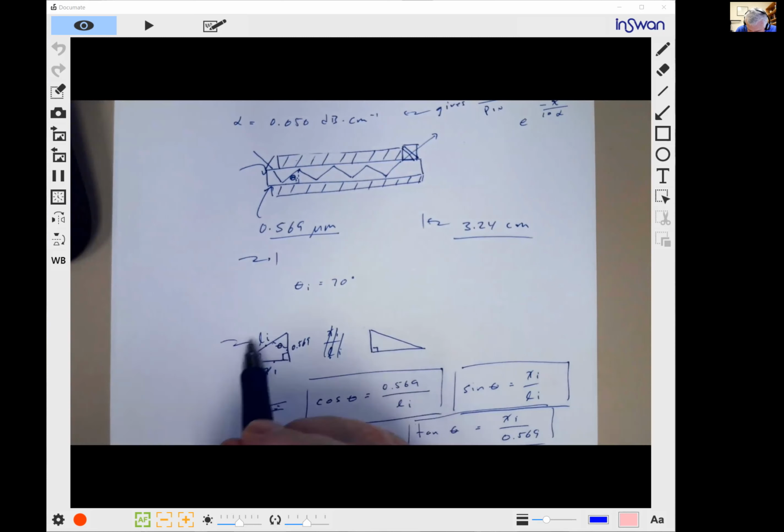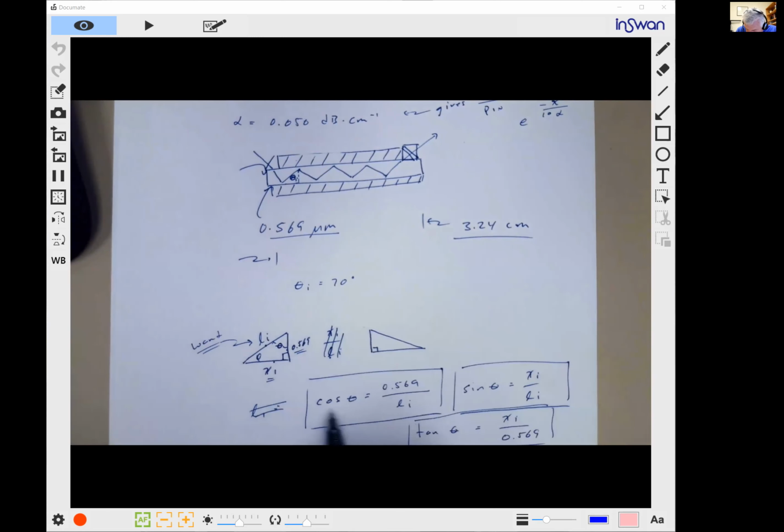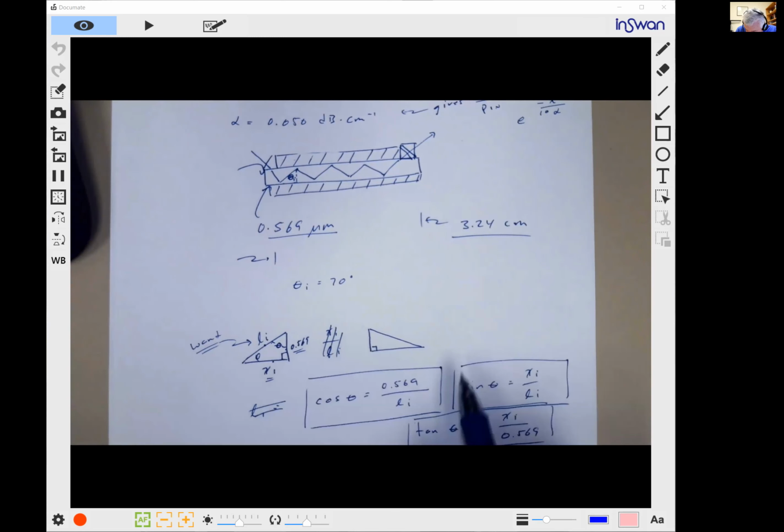Then L sub I is what you want, given a value of x sub I and a value of the thickness, 0.569. So the cosine of that is 0.569 over L sub I, right?